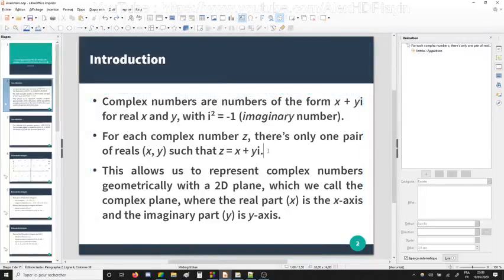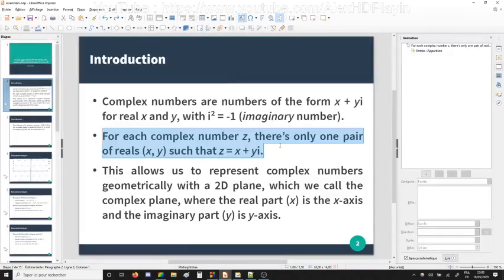Well, one thing though, with the imaginary numbers is that there's only one pair of reals x, y such that x plus yi equals that complex number. For each complex number, you can see the thing here.